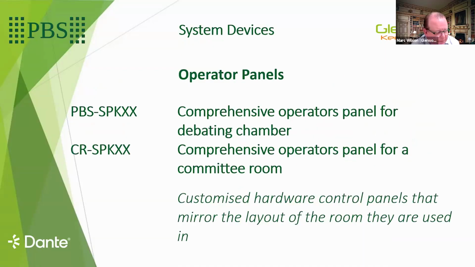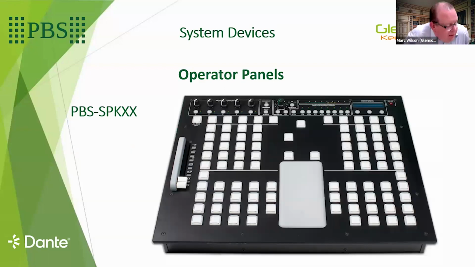Now these are the operator panels, which are customized hardware panels that mirror the layout of the room. So they're all unique because they all refer to the room in which they're used. So the first one we have here, the PBS SPK, is an operator panel for a main debating chamber, and typically the mic switching you would have here.